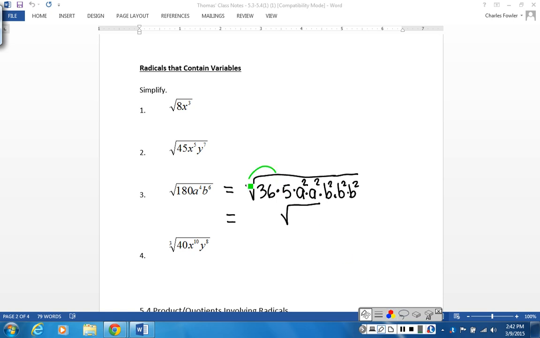Square root of 36 we know is 6. 5, however, stays under the radical. Square root of a squared is a. Square root of another a squared is another a, so a times a is a squared. Square root of b squared is b times another b will give us b cubed. So the answer is 6a squared b cubed times the square root of 5.